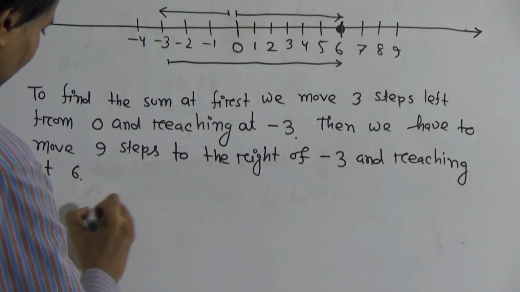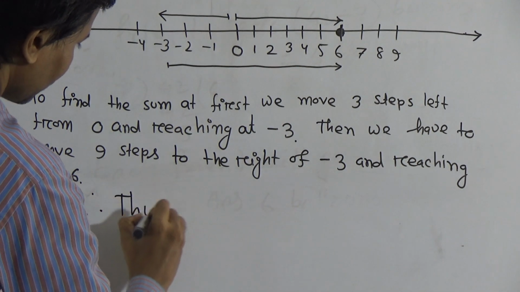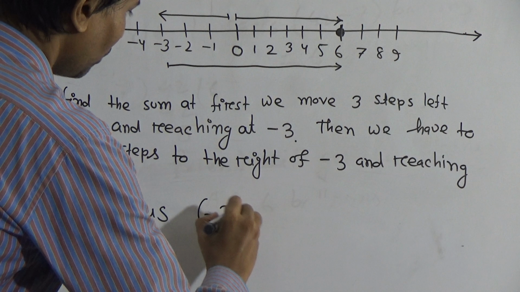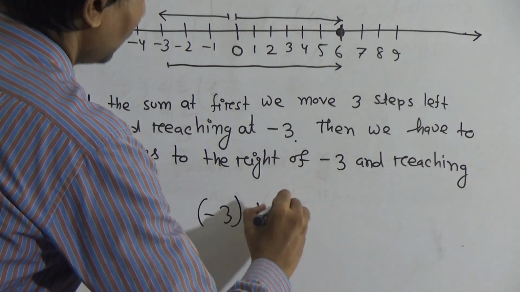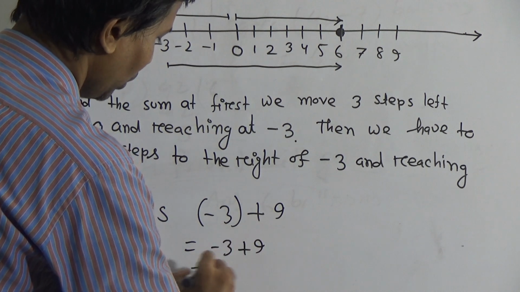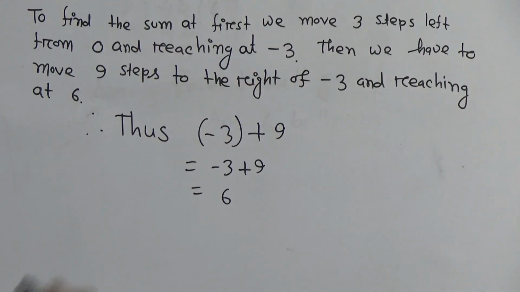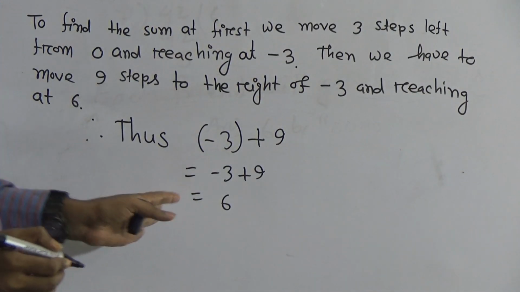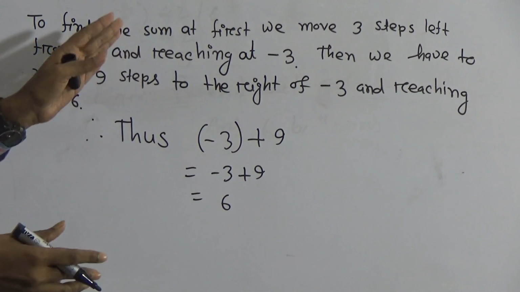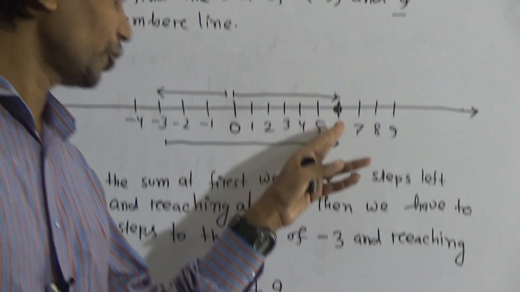Thus you write -3 plus 9. This is equal to what? -3 plus 9 is equal to 6. Now you see our normal result is 6, and using the number line our result is also 6.